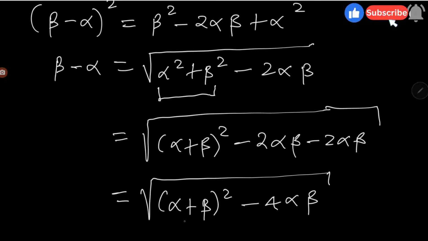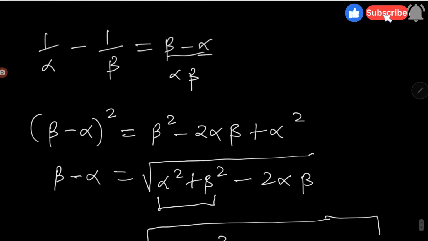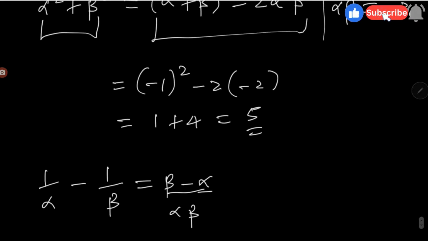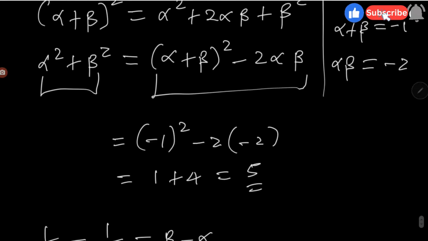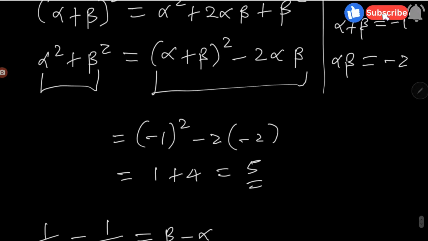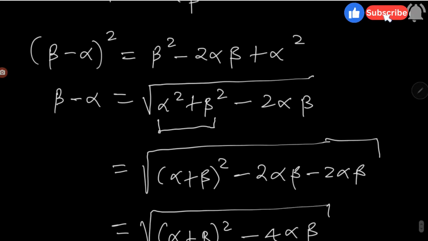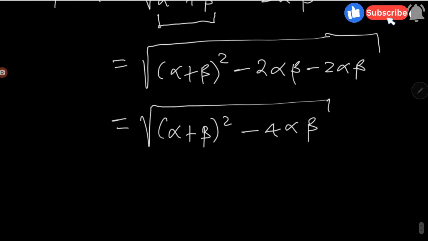Now I have my expansion in terms of alpha plus beta and alpha beta. So just going back here, we can just now plug in. We know alpha plus beta is negative 1 and alpha beta is negative 2.